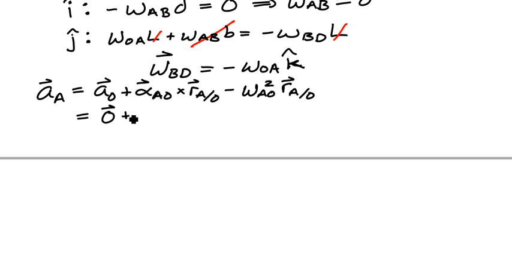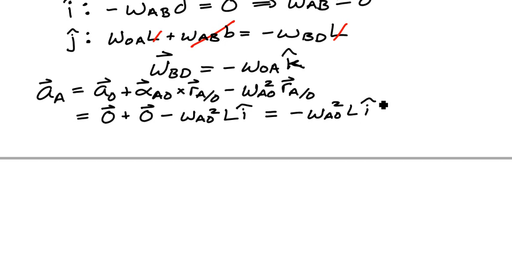We're told in the problem that omega OA is a constant rotation rate, so the second term in this equation is also going to give me 0. And then I'm going to subtract off the known value omega OA squared times r of A with respect to O, which is simply L in the I direction. And so that means my final acceleration of point A will simply be minus omega AO squared times L in the I. Now that we have that, we can go up to point B.